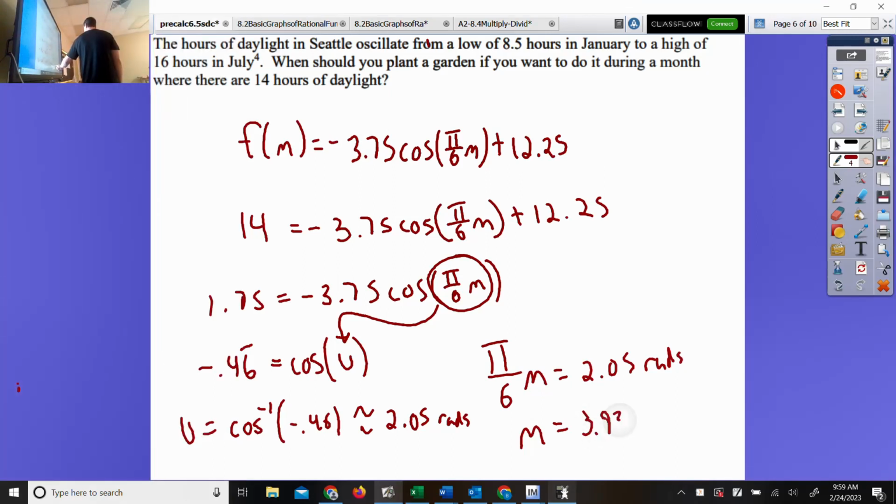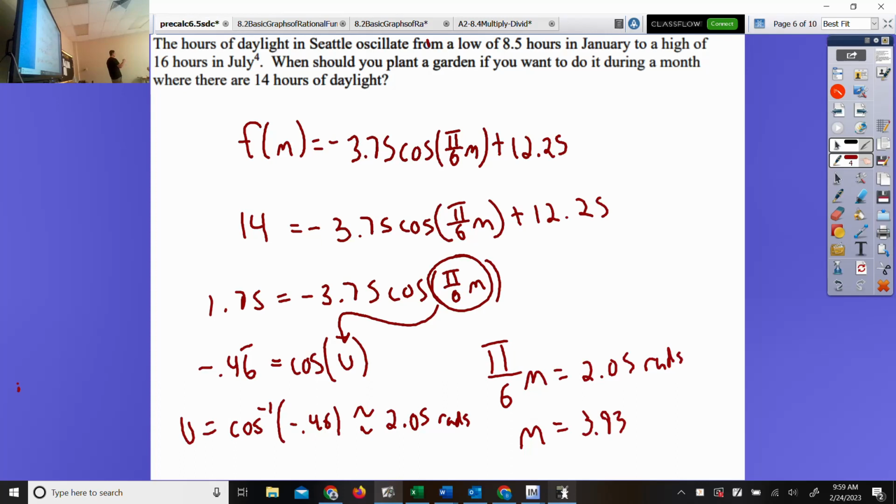Now the way we set this thing up, 0 is January. So 1 would be February, 2 would be March, 3 would be April.